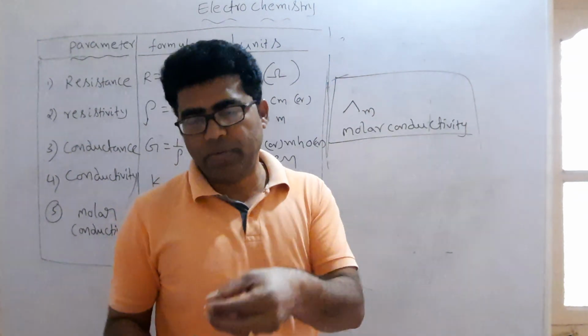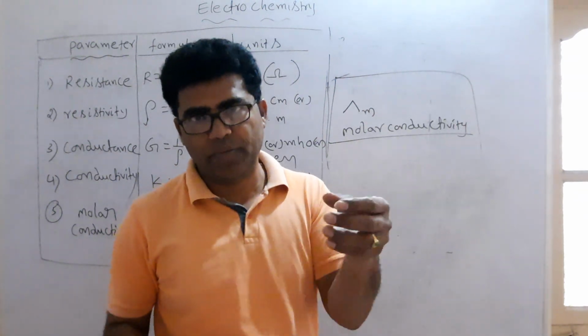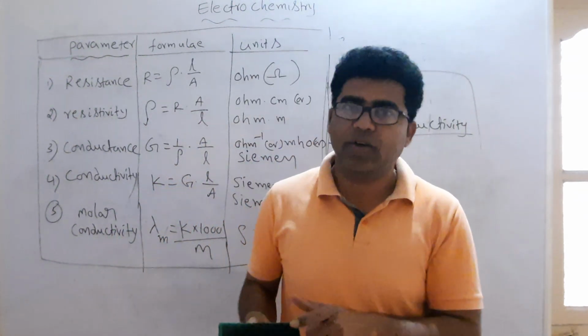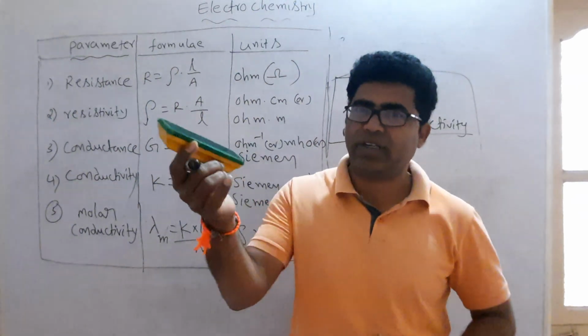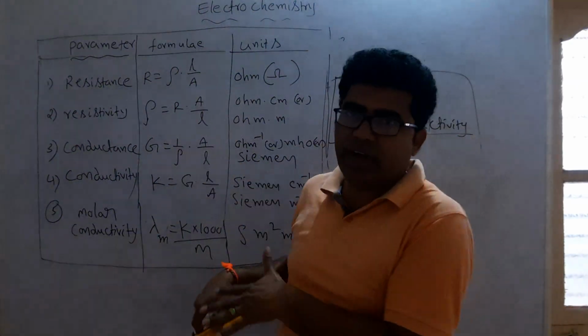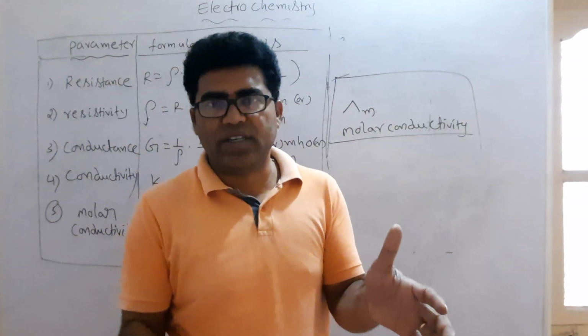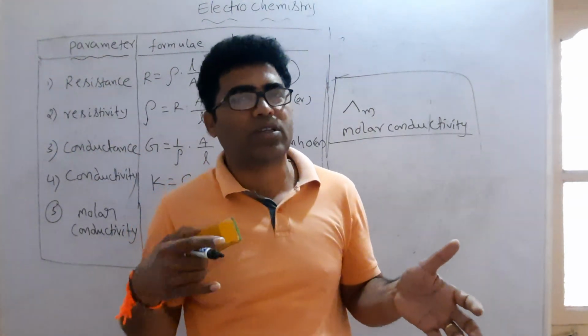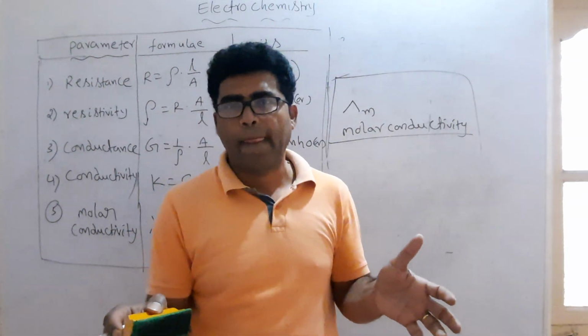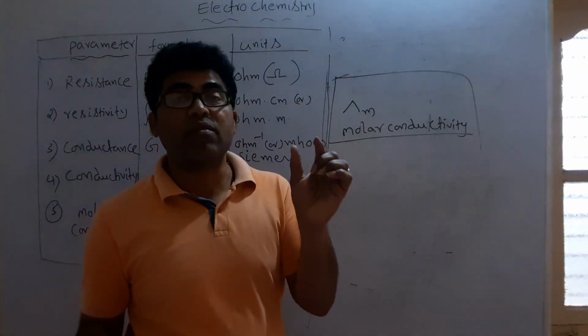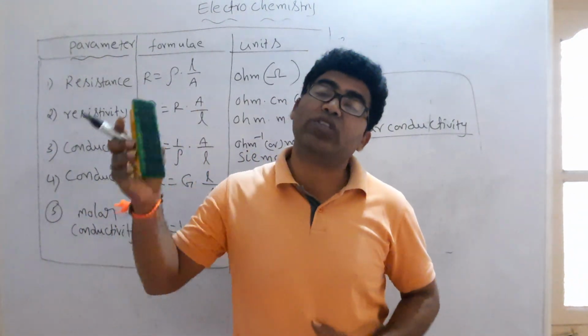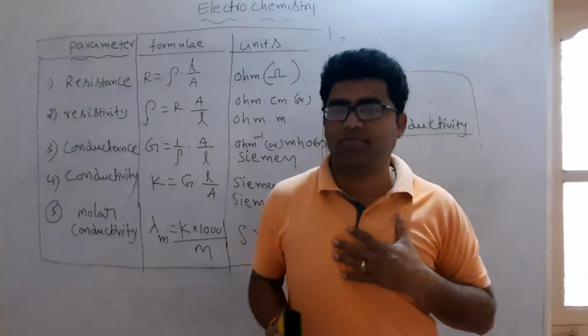The amount of sugar present in that solution is called concentration. The amount of solute present in the solution is called concentration. Suppose that same 1 spoon of sugar you dissolve in 1 bucket of water.